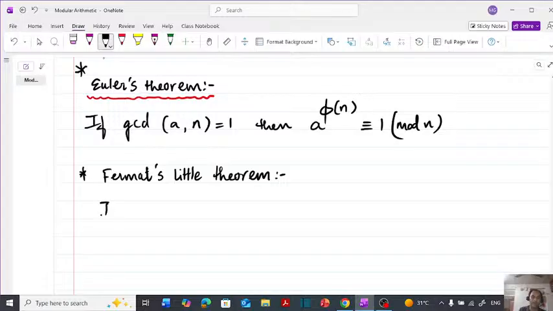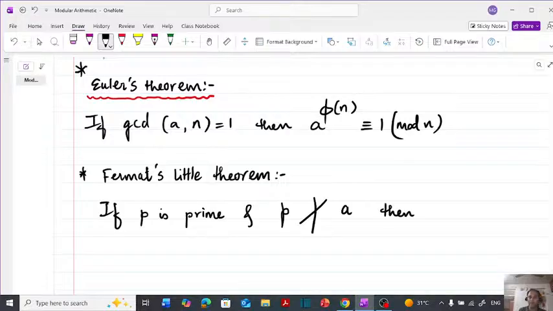If we have a prime p, and p does not divide a, then for a an integer, a to the power p minus 1 is congruent to 1 mod p.